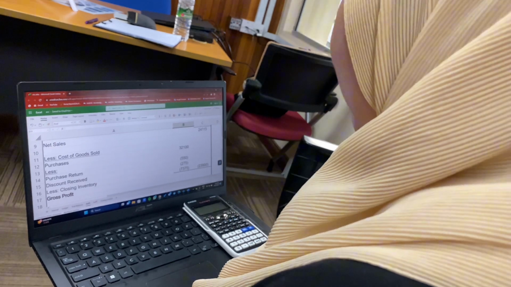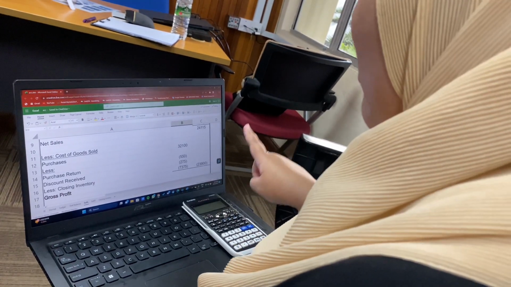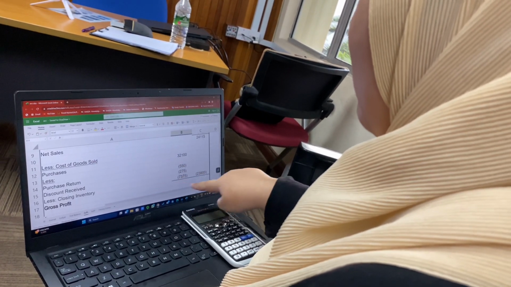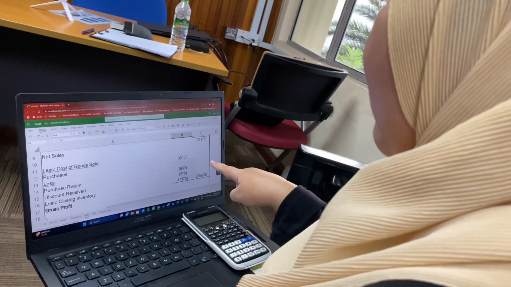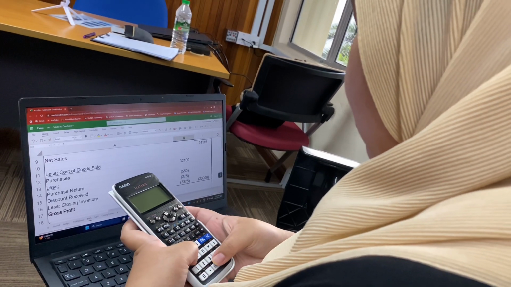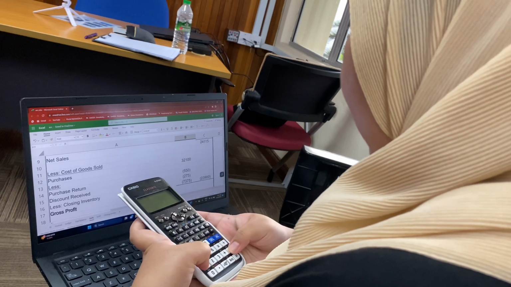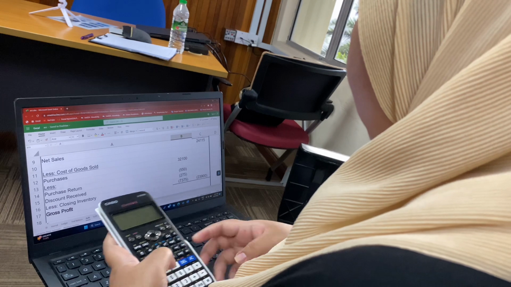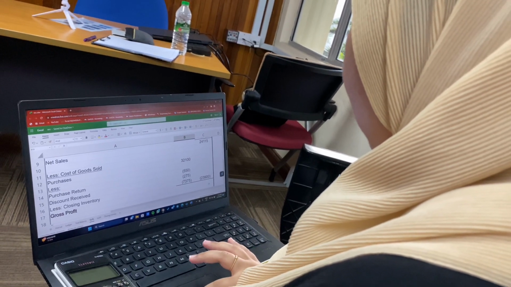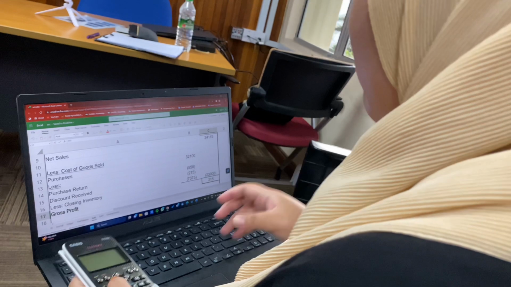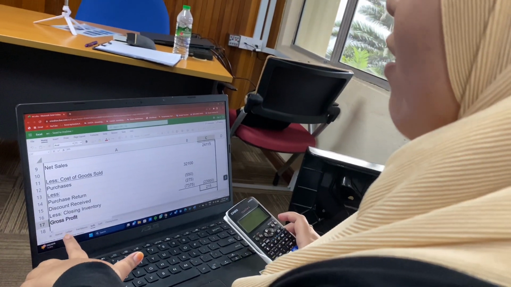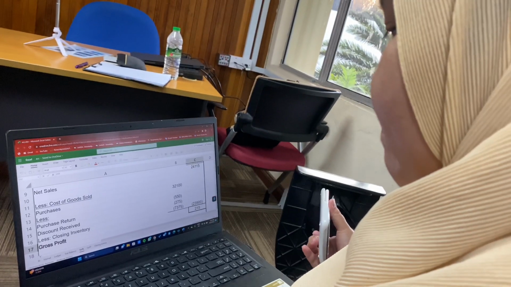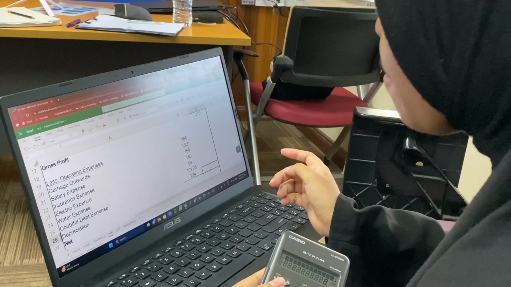Now for the gross profit. After we get the total of cost of goods sold, we need to minus it from the net sales that we got earlier. So net sales minus cost of goods sold. Actually the gross profit needs to be added with other income, but we don't have any other income, so no need to add anything. Then we need to total up the operating expenses.